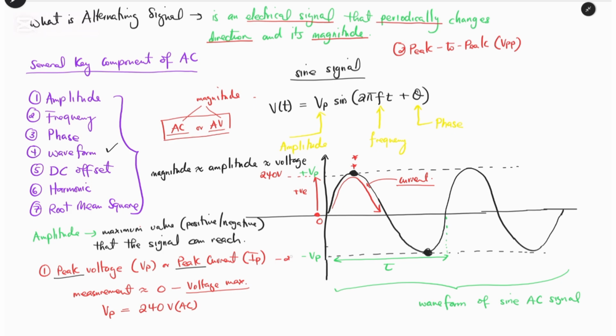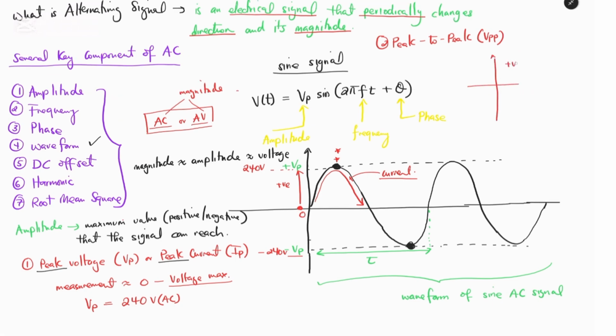This minus 240, or minus Vp, is the minimum value. When you look at a number plane, this is the positive value to infinity, and this is the minus value to infinity. So in the middle is the 0.